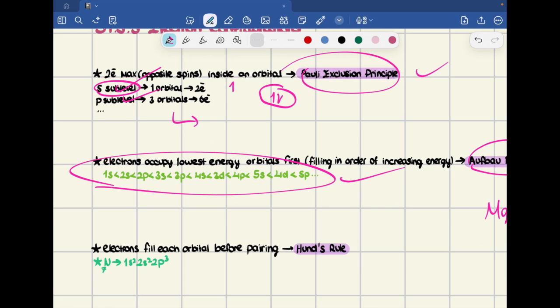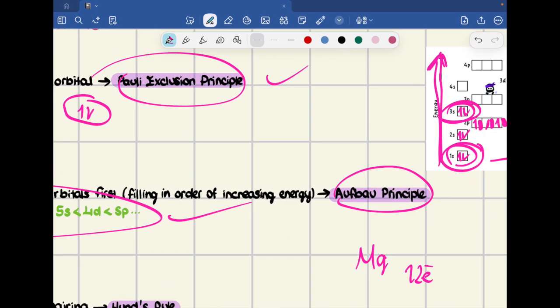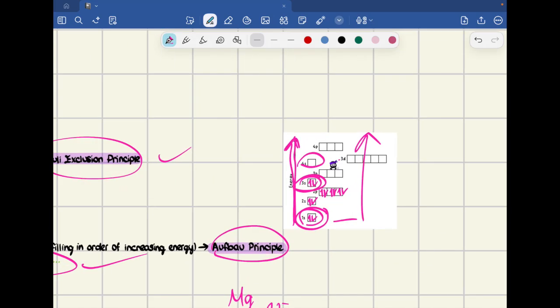By the way, there's an important piece of information that we must always remember. As you can see in the diagram, the 4s sublevel is lower than the 3d sublevel in the orbital diagram of electrons.